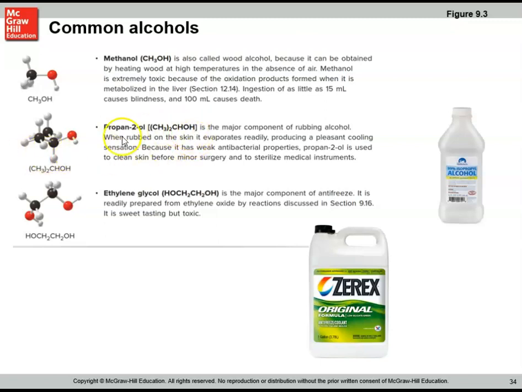And here is propan-2-ol, or isopropanol, otherwise known as rubbing alcohol. It is able to sterilize many different instruments. It's really good at 70% for sterilizing surfaces. It's commonly used. Ethylene glycol is another common alcohol. It's a lot of times used in antifreeze.